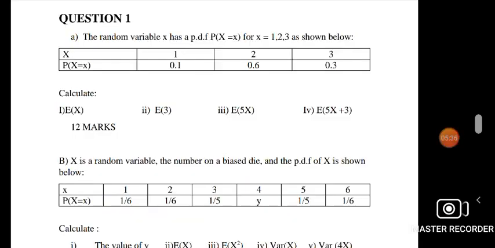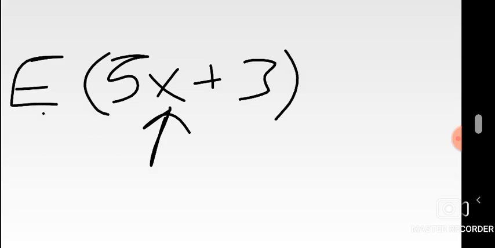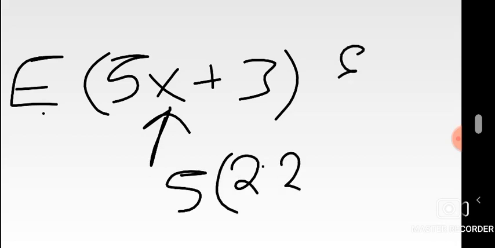Next part. The question now asks for the expected value of 5x plus 3. This one I'll equally show you a shortcut. When you see an expected value with a coefficient of x and some other stuff, there's a shortcut. Since they're talking about expected value, the fact that there's this E in front means that wherever there is x, it would not be wrong to substitute the answer you found as E of x, because E of x is 2.2.